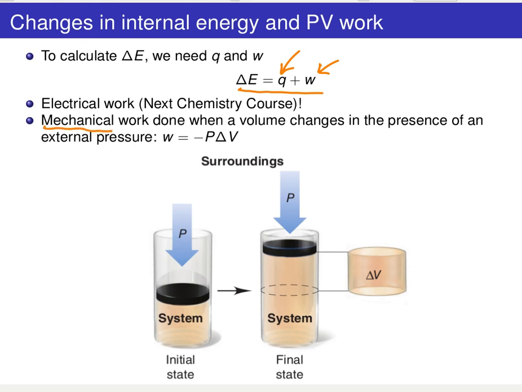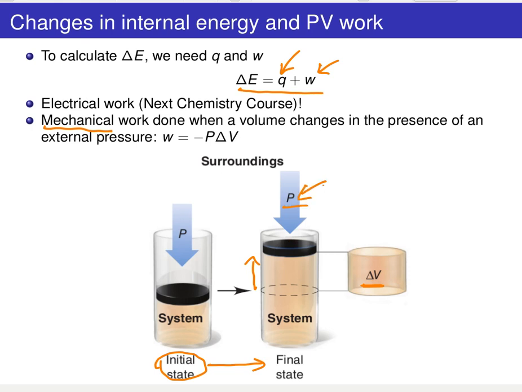And so mechanical work is done anytime a volume changes in the presence of an external pressure. So for example, let's say we have some initial state of the system here, and this system expands, and so this little disk is pushed upwards, and this volume change, denoted delta V here, is occurring in the presence of some constant external pressure.